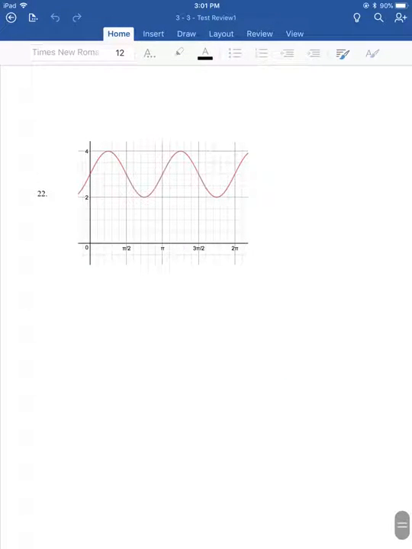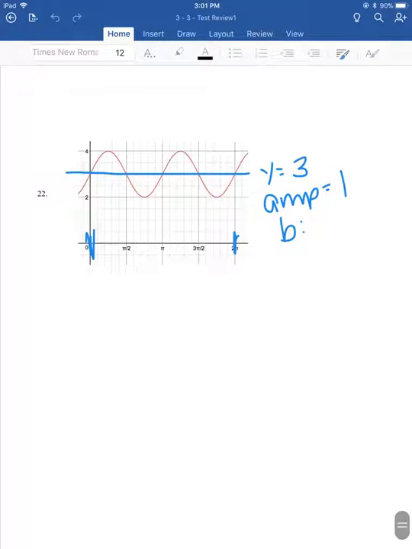And the last one. So my last one is another function with a graph. So I'm going to identify my midline. So my midline is y equals positive 3. My amplitude here is also 1. And then my b value, how many cycles from 0 until 2 pi. So I go around once, twice, so b value is 2.